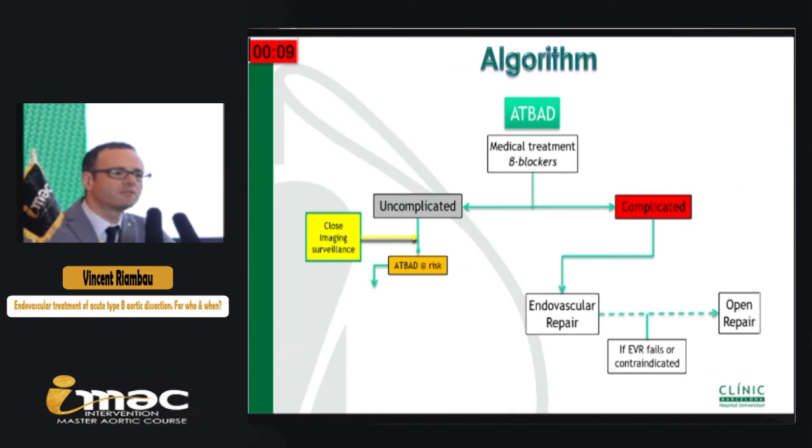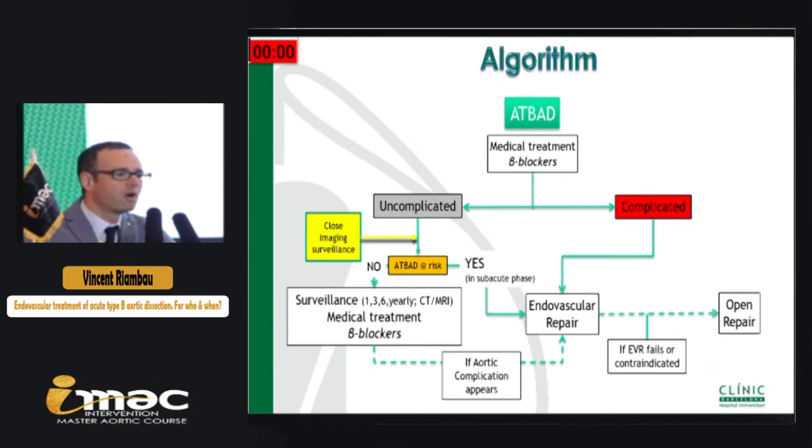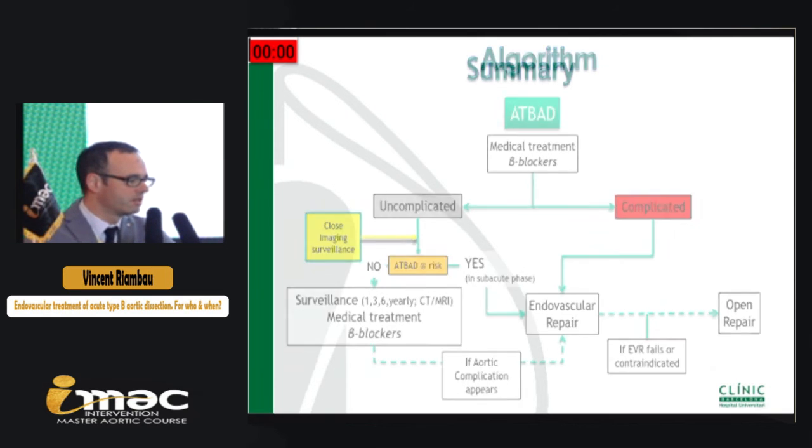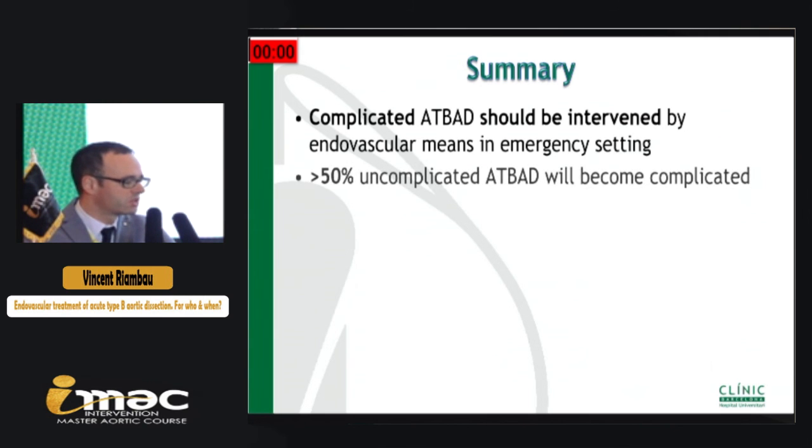And if we identify those factors that can label the dissection as type B at risk, we cross to the endovascular stage and repair, or if any complications appear in the meantime. If not, we go to surveillance. Finally, as final words, the acute complicated type B dissection should be treated by endovascular means in the emergency setting.